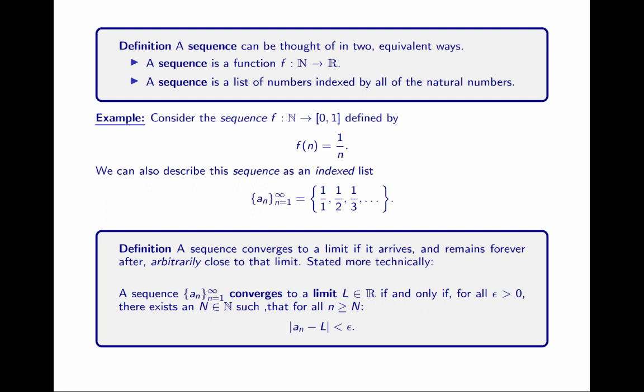The difference in absolute value, because it doesn't matter whether a_n is to the right or to the left of the limit as far as the distance from L is concerned, is less than epsilon, where epsilon is arbitrary.